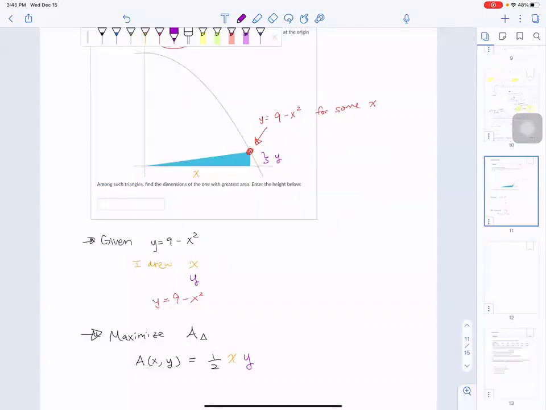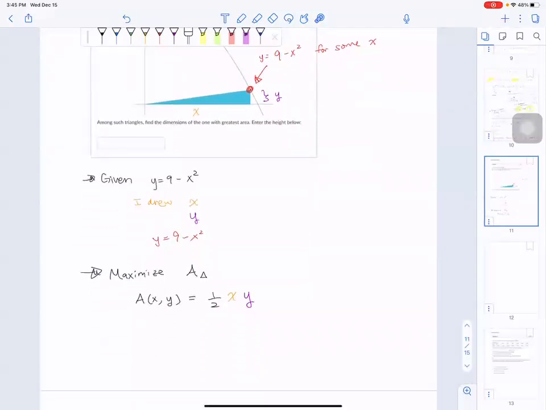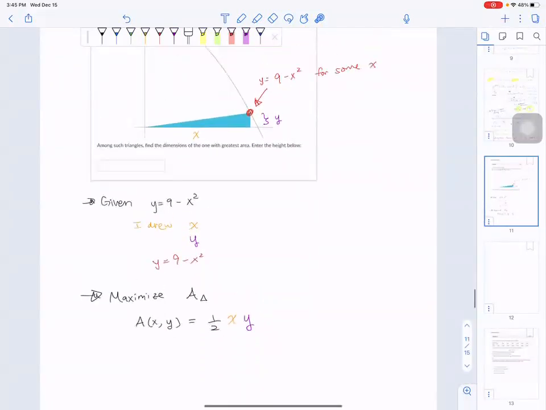But this is an equation in terms of 2 variables. That would be multivariable calculus. We don't want 2 variables, we only want 1 variable. So how do we get rid of one of the variables? Well, they told us that y equals 9 minus x squared, so we can substitute that in.